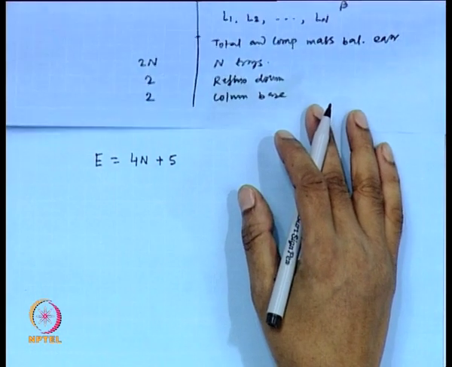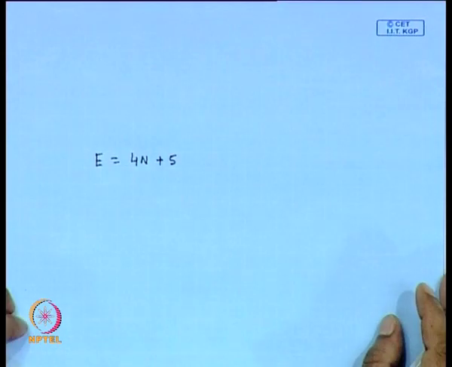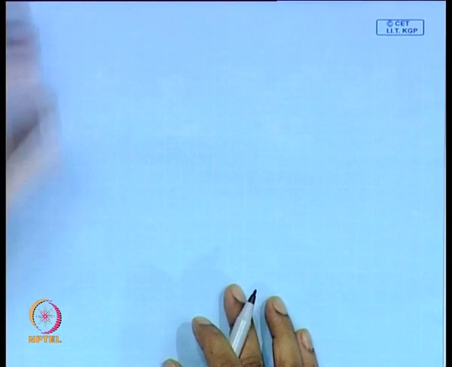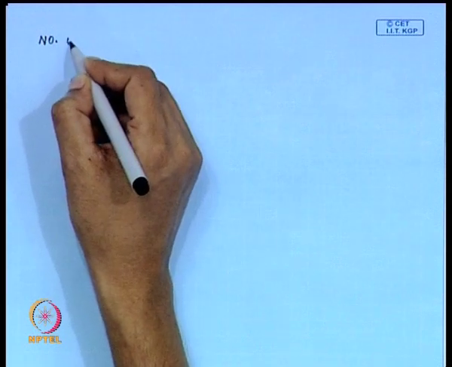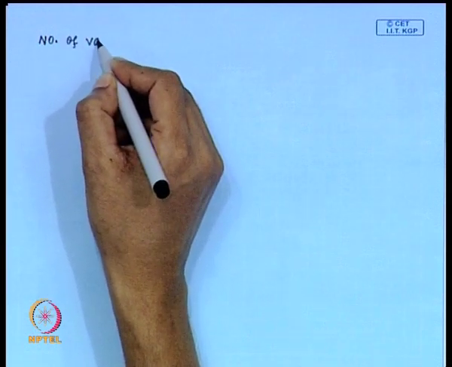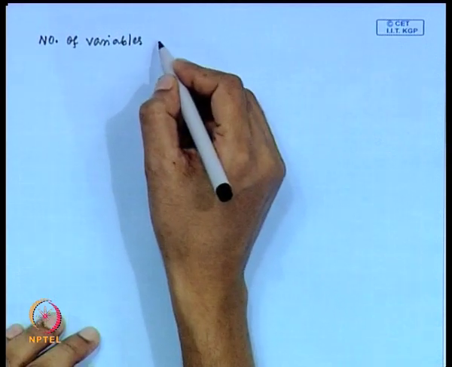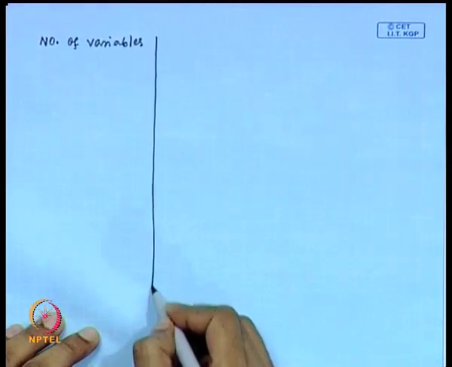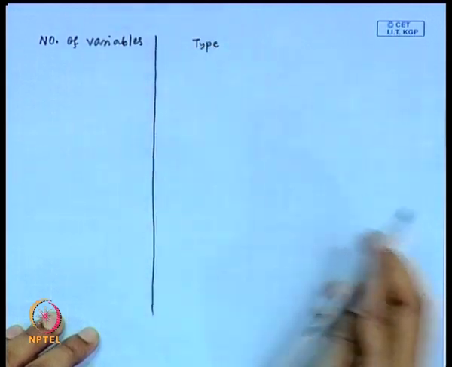So, next we have to find the total number of variables V. Next we will calculate the number of variables and type of variables.